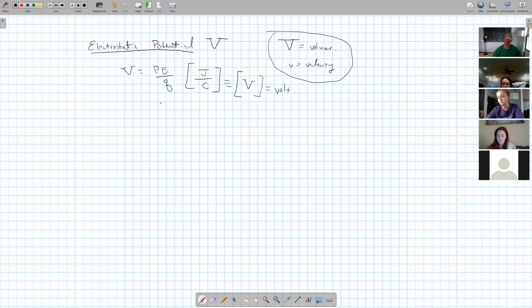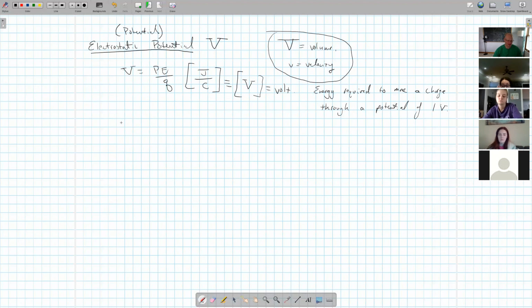This is how much energy it would take for me to move a charge across a particular distance. That's what this thing means. So this is the energy required to move a charge through a potential of 1 volt. Okay, that's what this thing means. Typically we call this electrostatic potential, but in short, we usually just call it potential, just to make it a little bit easier.